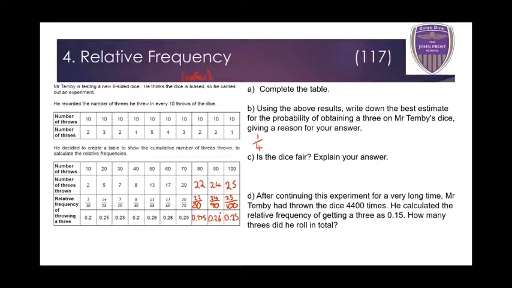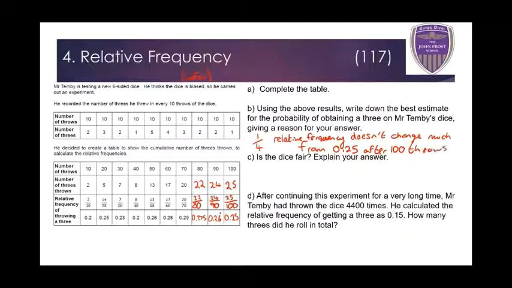And the reason we can give for this is the relative frequency doesn't change much from 0.25 after 100 throws.